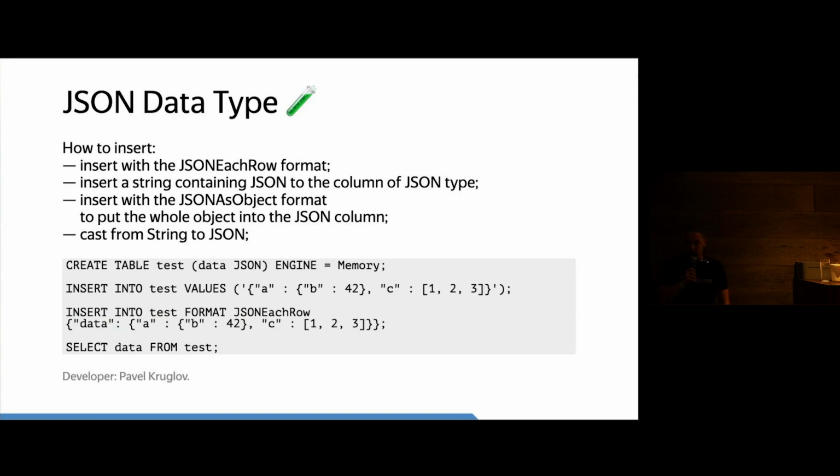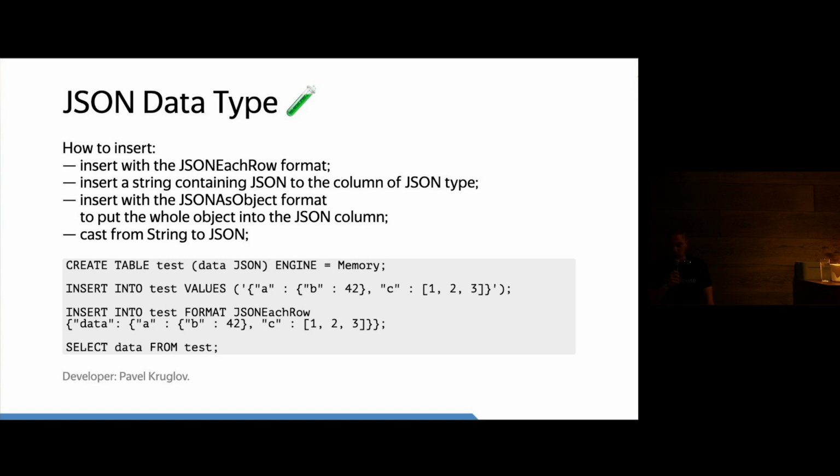So just a quick little intro on how to actually insert data. There are a few different ways of inserting JSON data into ClickHouse. For example, you can see there, create table test. The data is just a JSON object, which is really cool. That's all you have to do. You're going to have this data, and it's just going to automatically extract that.